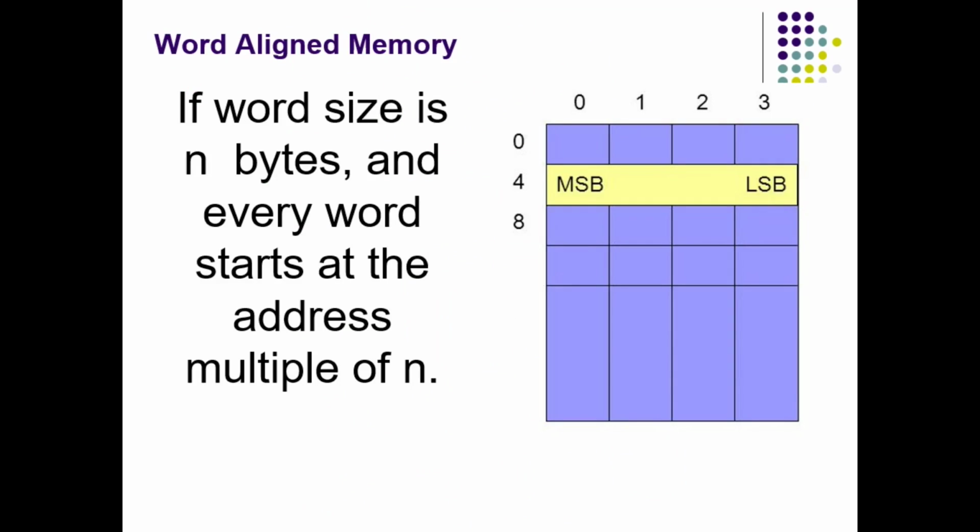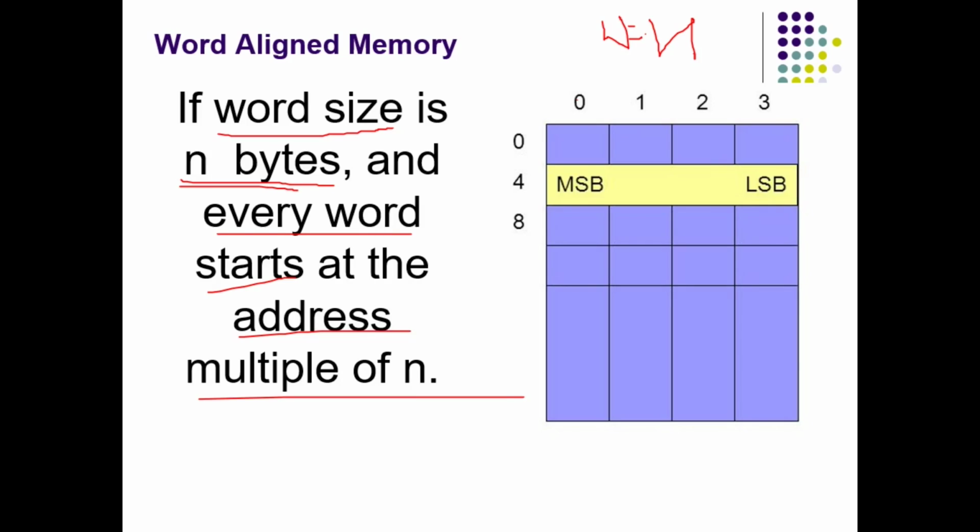So this is the standard definition of word alignment. I call it the standard definition because very specific words are used here. I will read it out. If the word size is n bytes, here in this diagram 4 bytes, and every word starts at an address that is a multiple of n.